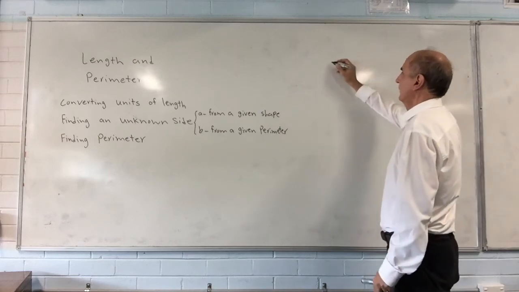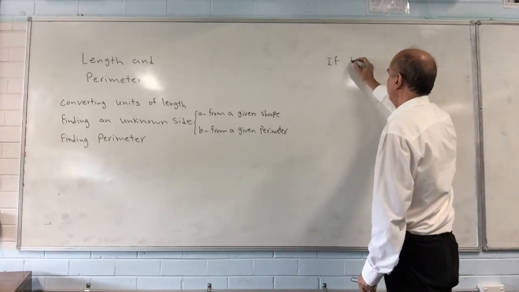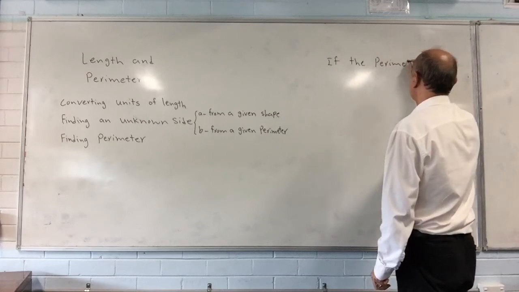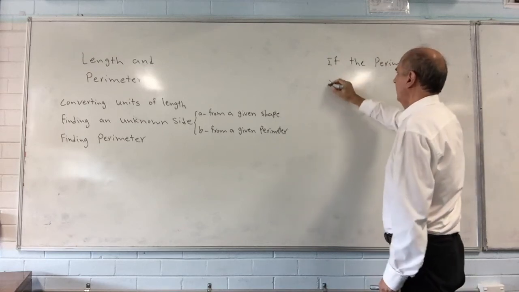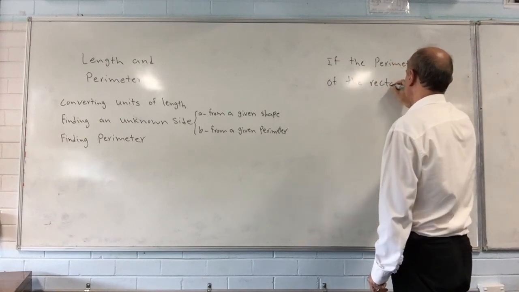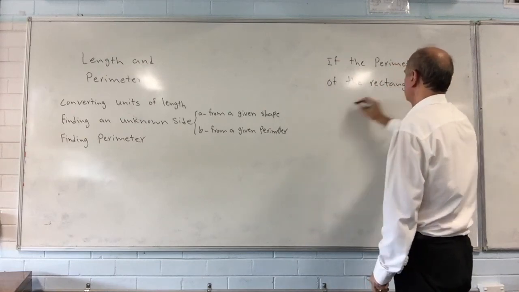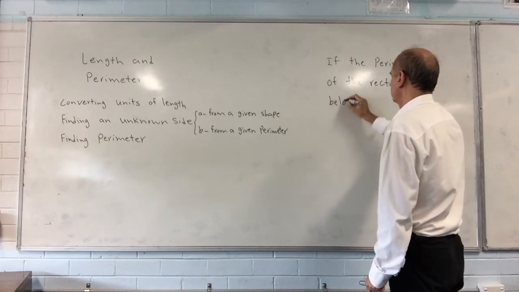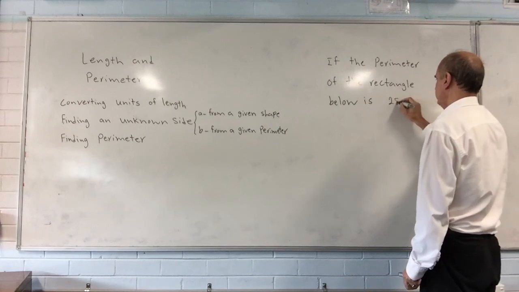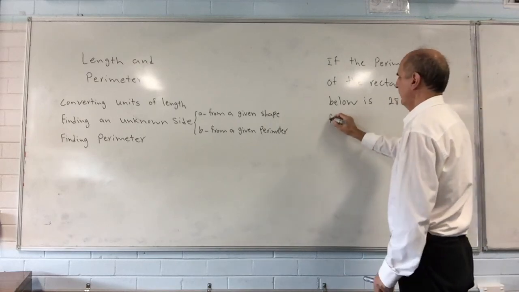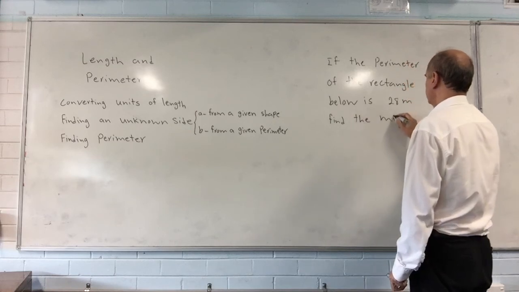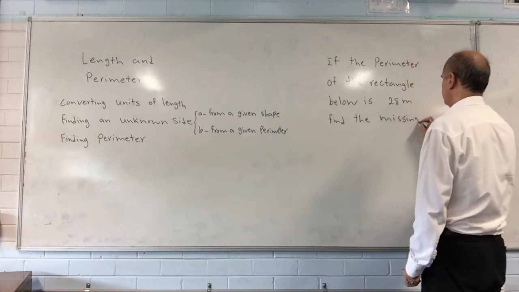For example, if the perimeter of the rectangle below is 28 meters, find the missing side.